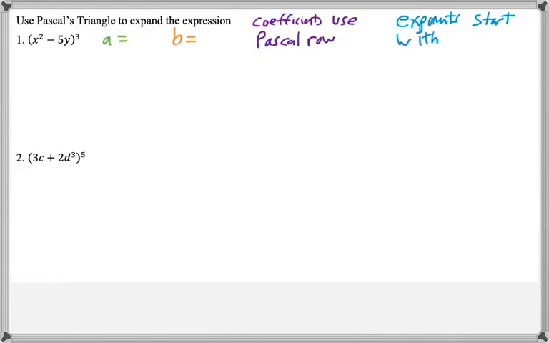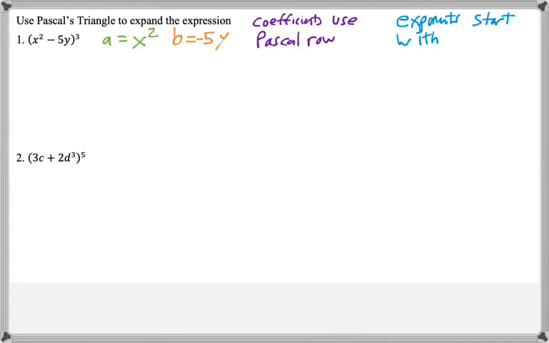On question 1, we are expanding the binomial. So I want to identify all of my information. So my a is x squared, my b is negative 5y.